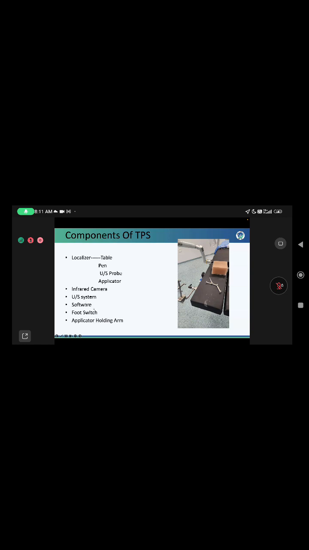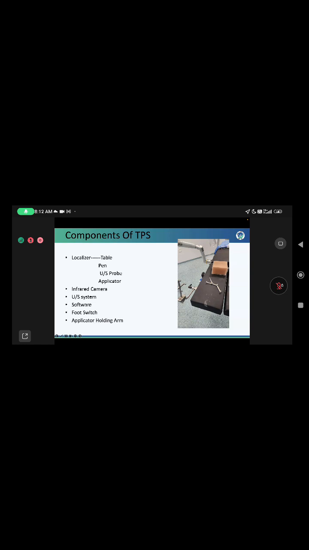Once we feed all these things into the TPS, whether we are going to use the shield or not, what is the size of the tumor bed, what is the size of the applicator, what is the bevel edge of the applicator, what is the energy of the electron which I intend to use in this case, all these things will be fed into this software.